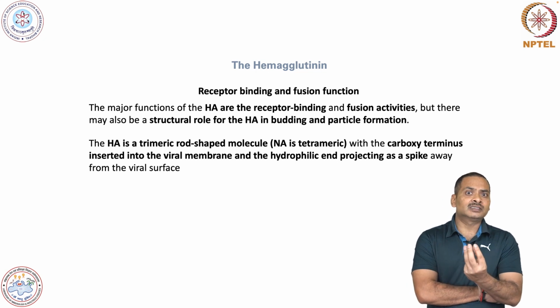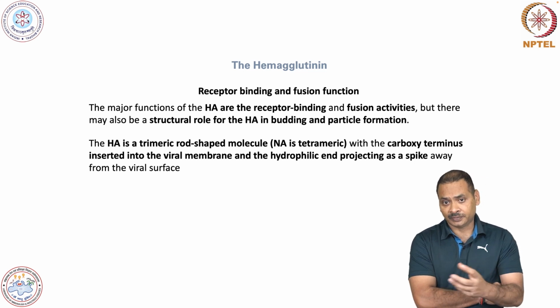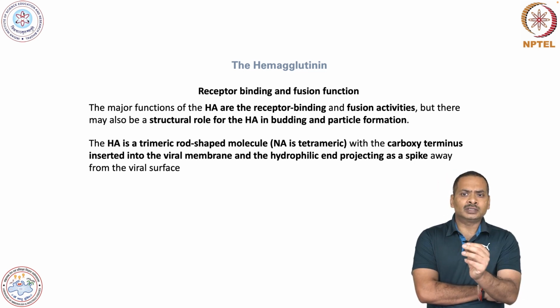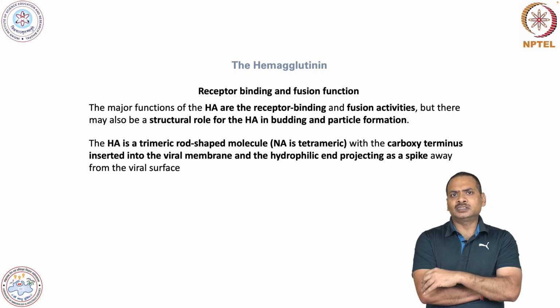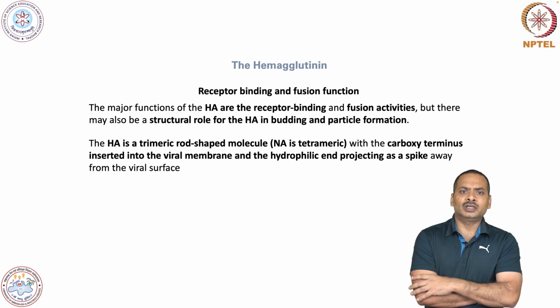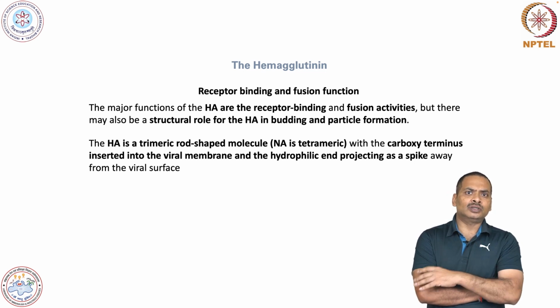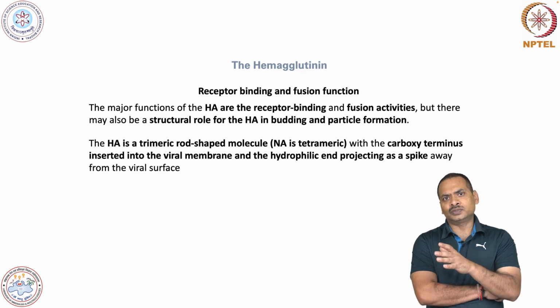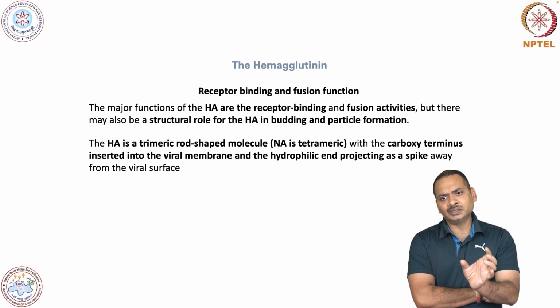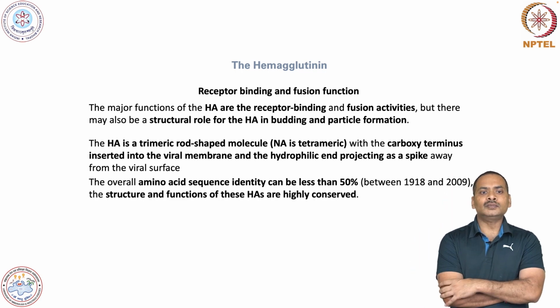For HA, the 3 subunits come together and make a functional HA, with the C terminus inserted in the viral membrane and the hydrophilic end present on the spike of the virus, away from the viral surface.